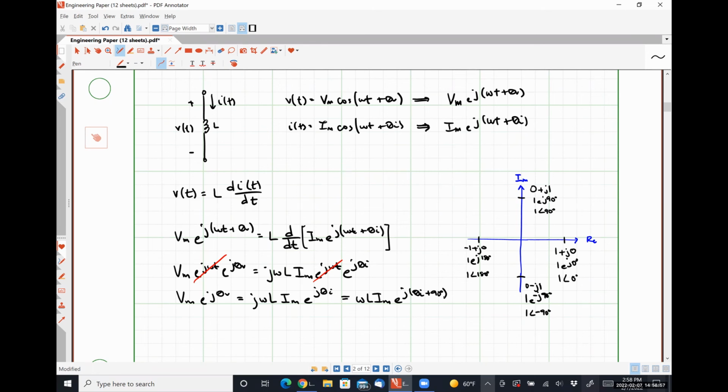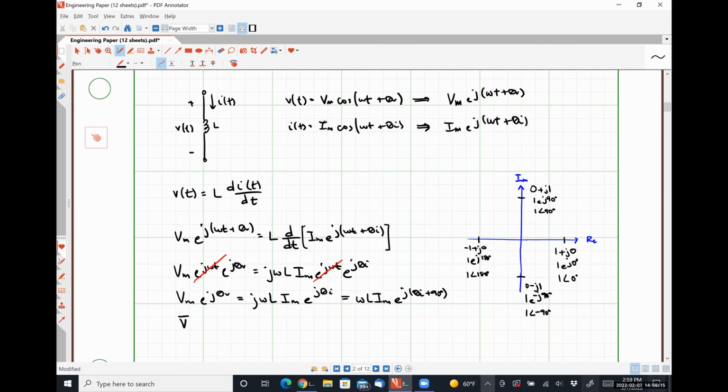All right, so our left-hand representation, we have Vm e to the j theta v. So that is purely a phasor quantity because we only have a magnitude and we only have a phase angle.